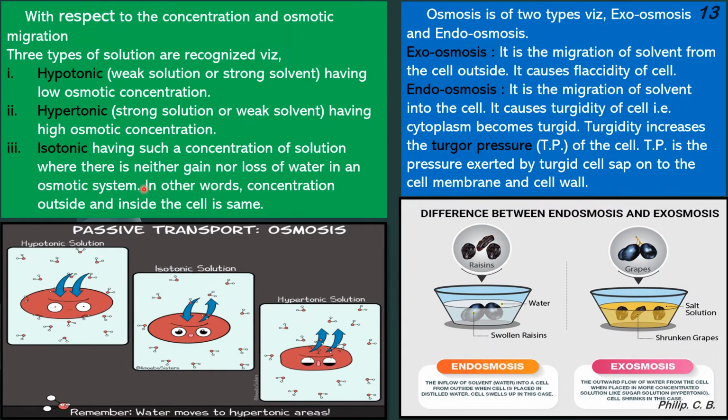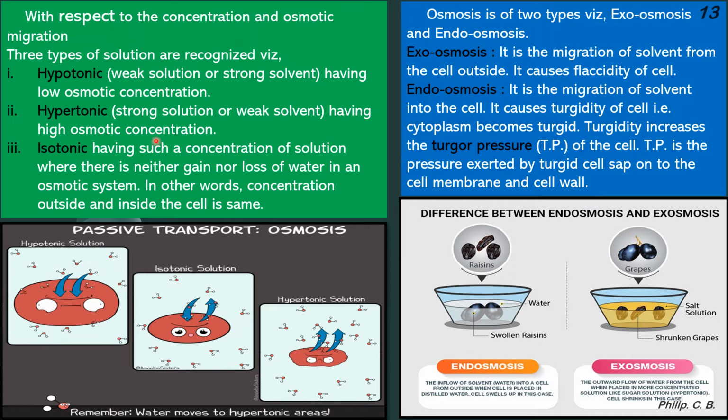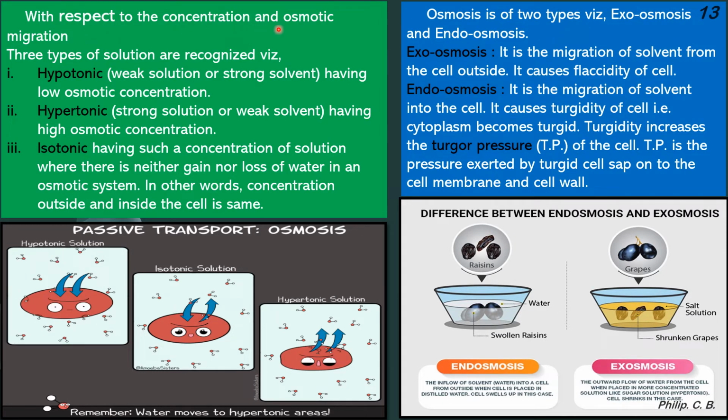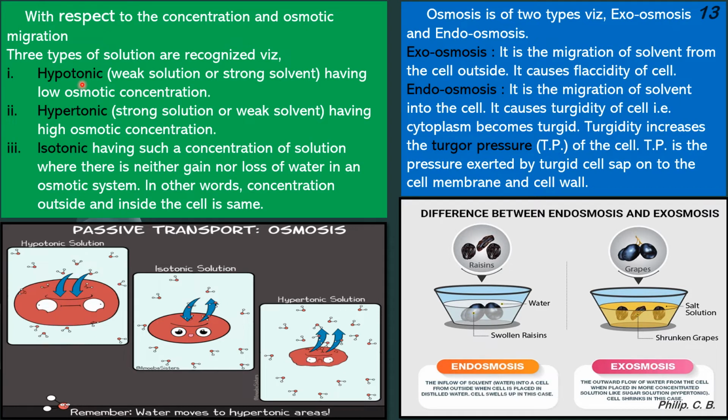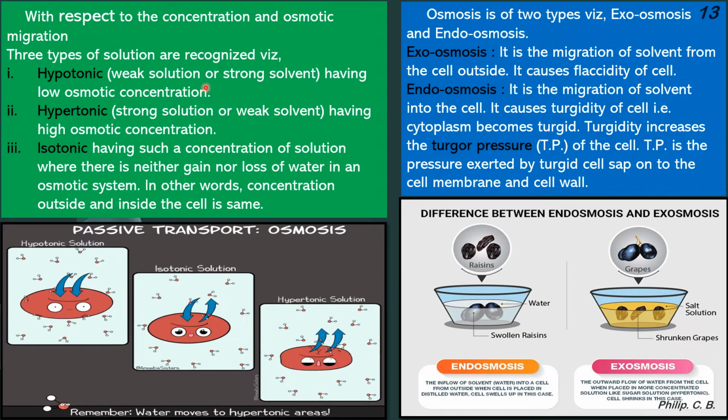Now, a few terms, or we can say types as well, with respect to concentration and osmotic migration. There are three types of solution: hypotonic, hypertonic, isotonic. What is hypotonic? The term hypo means weak solution or strong solvent, having low osmotic concentration.